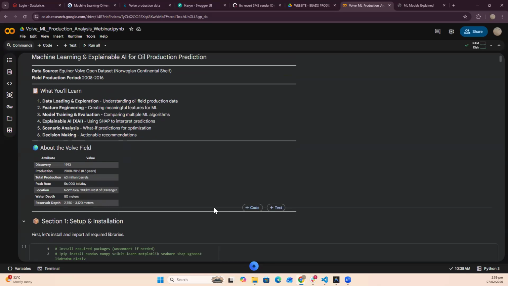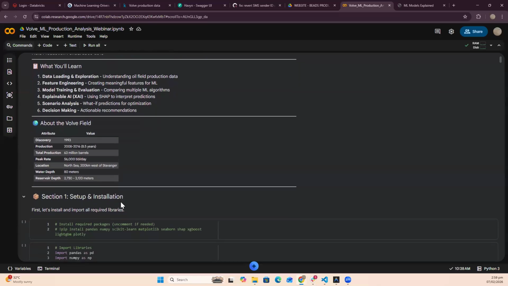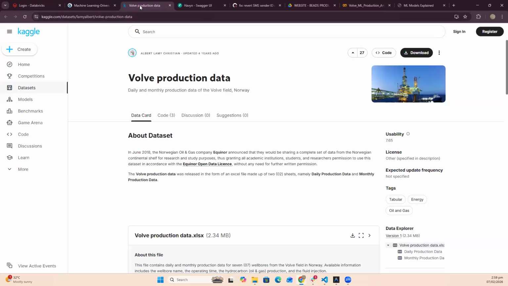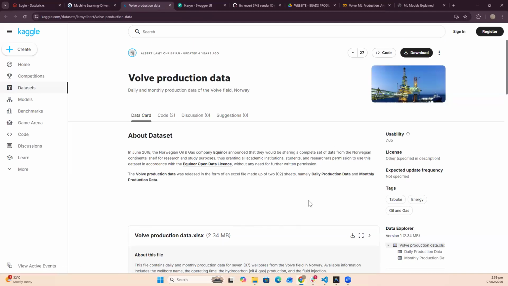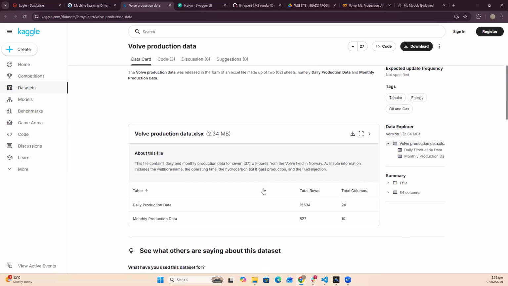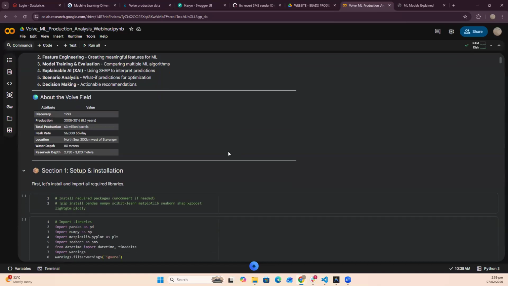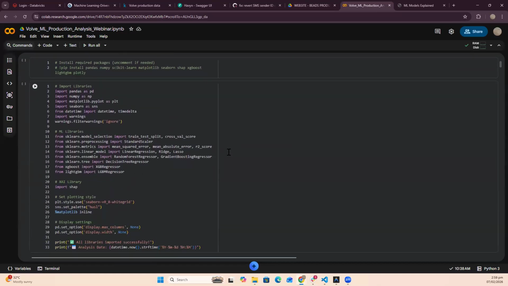That means about 8.5 years of production went on, so we are going to have a lot of data at the end of the day. This is some information about the data. When you go to Kaggle, you can get this data from there. The petroleum students, you can go there, take it and try your hands.